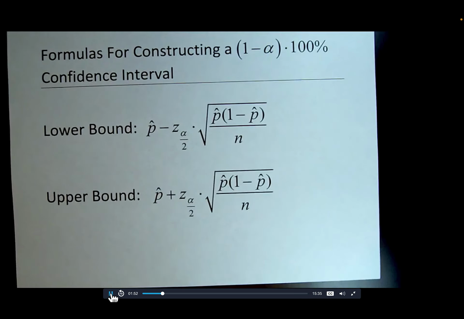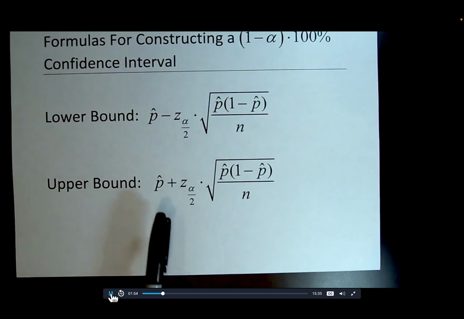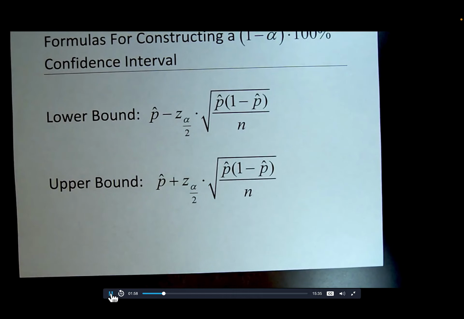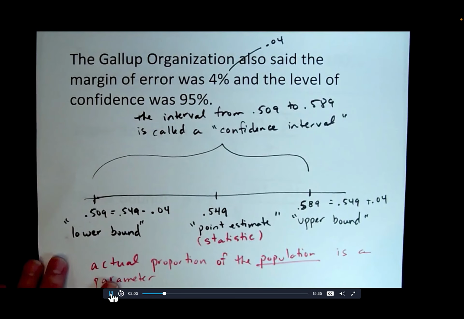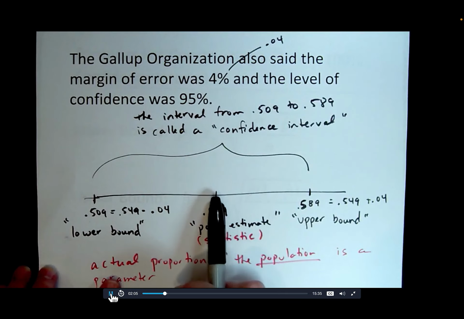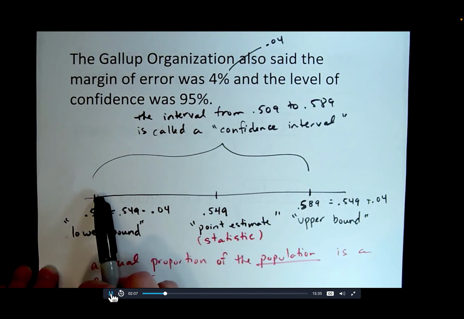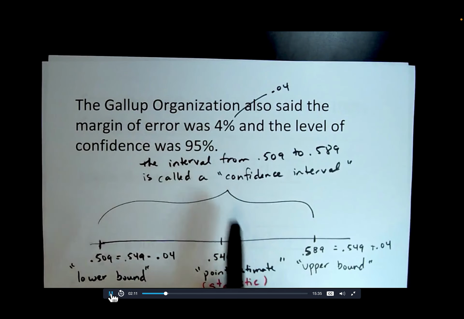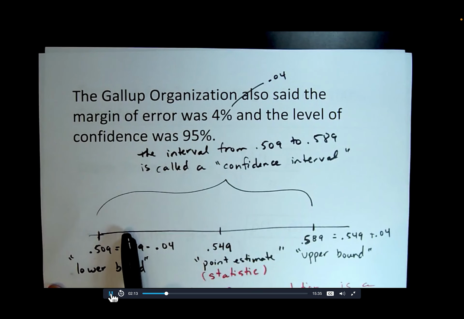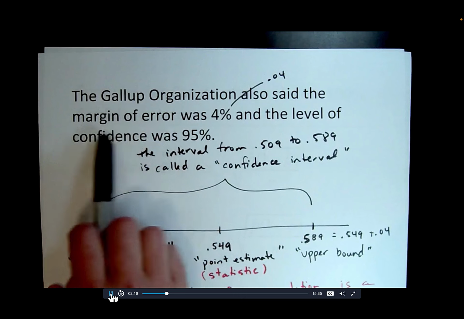The upper bound is your point estimate plus the same thing up there. In other words, you've got your point estimate, and then a certain distance above it and a certain distance below it. The Gallup organization computed that distance above and below to be 4% or 0.04. That's called the margin of error. That's why they called it that.